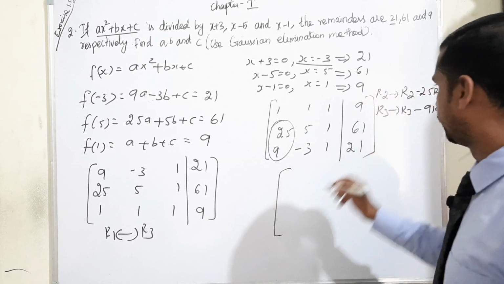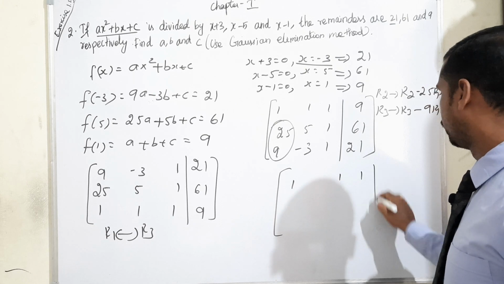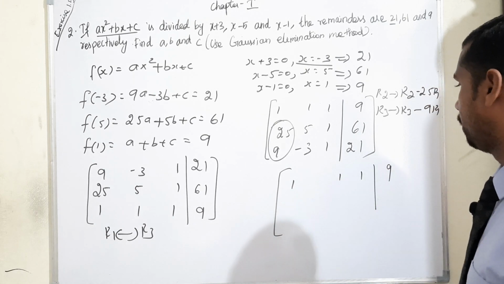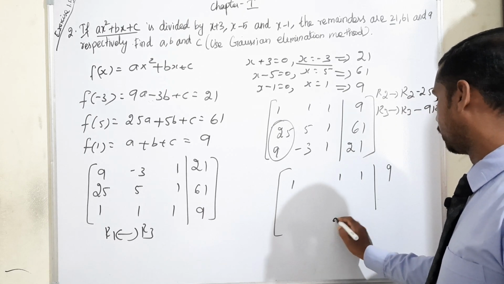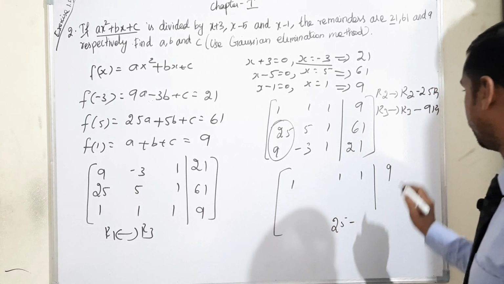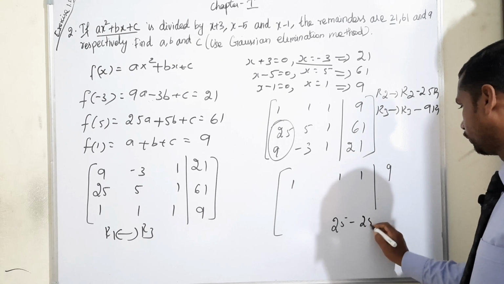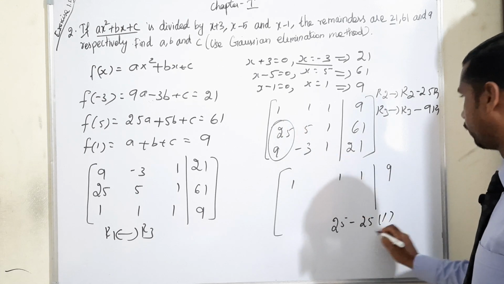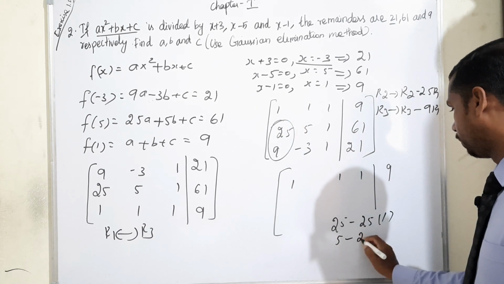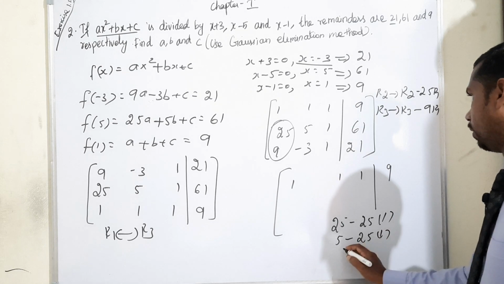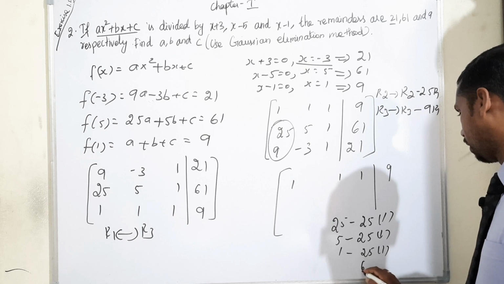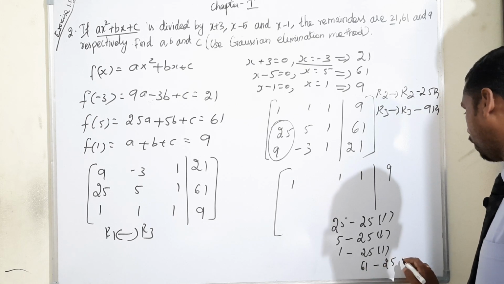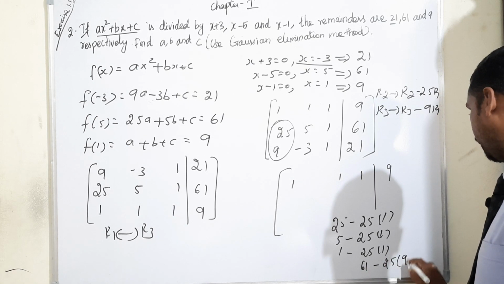So R1 as it is, 1 1 1 9. Then R2: 25 minus 25 into 1, the first one. Second one, 5 minus 25 into 1. Last, 61 minus 25 into 9.